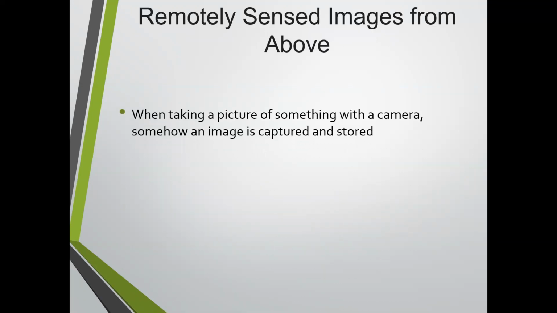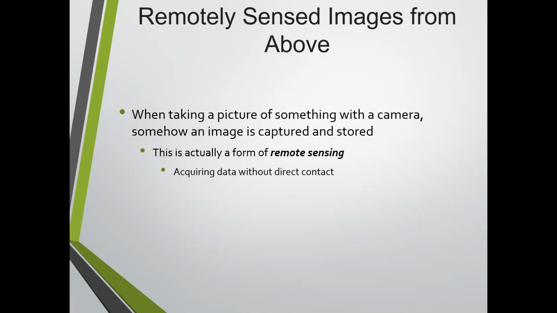So let's talk a little bit about remote sensing kind of images. When taking a picture, like with a camera, whether you're storing that image digitally or on the old photographic film, basically that image is captured and stored. And this is actually a form of remote sensing, where remote sensing basically just means you're acquiring data without direct contact.